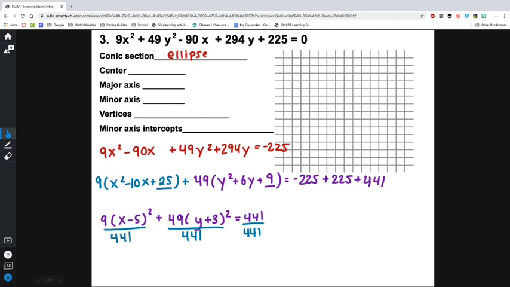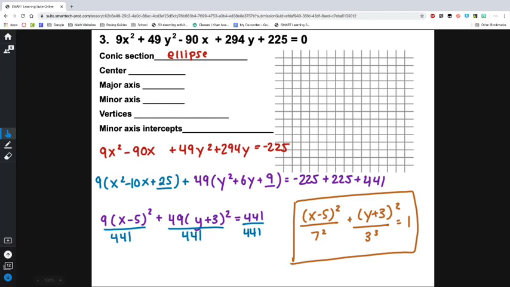So this is going to go to x minus 5 squared over 49, which is 7 squared, plus y plus 3 squared over 9. 49 over 441 is 1 over 9 technically. That's 3 squared, and that's equal to 1. All right, that is the standard form of our ellipse.